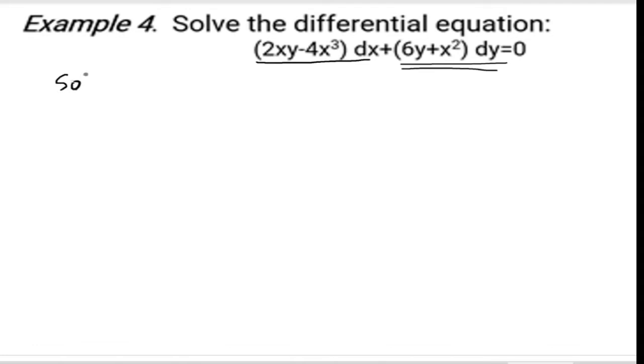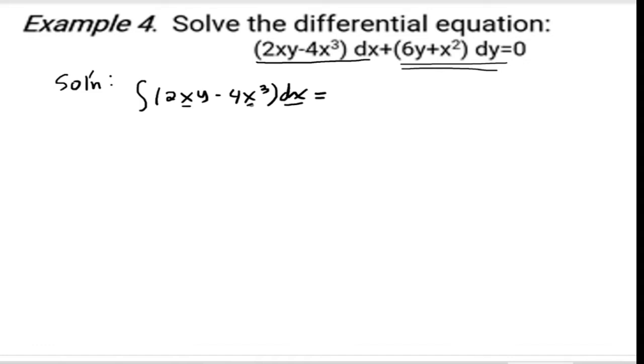So for our solution here, I'm going to integrate first the dx term. We have here the integral of (2xy minus 4x cubed) dx. That is equal to, take note, this is dx, so our x here is the variable while the letter y is assumed as constant.